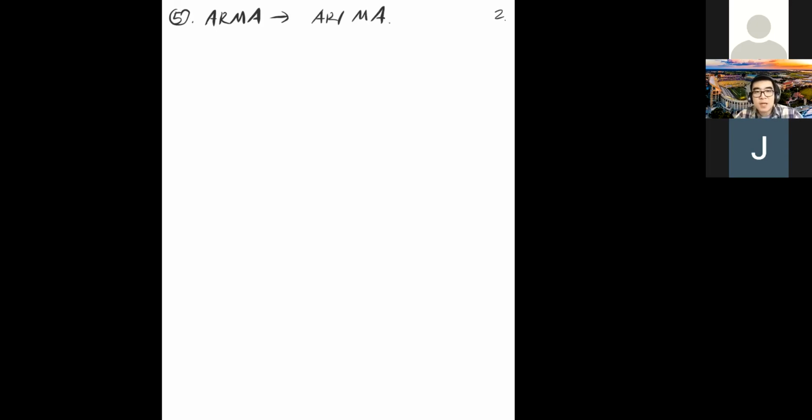Okay. So sometimes once you estimate an ARMA model or you construct an ARMA model, you want to know its causal form or its invertible form. So in other words, you want to know its MA or AR representation.